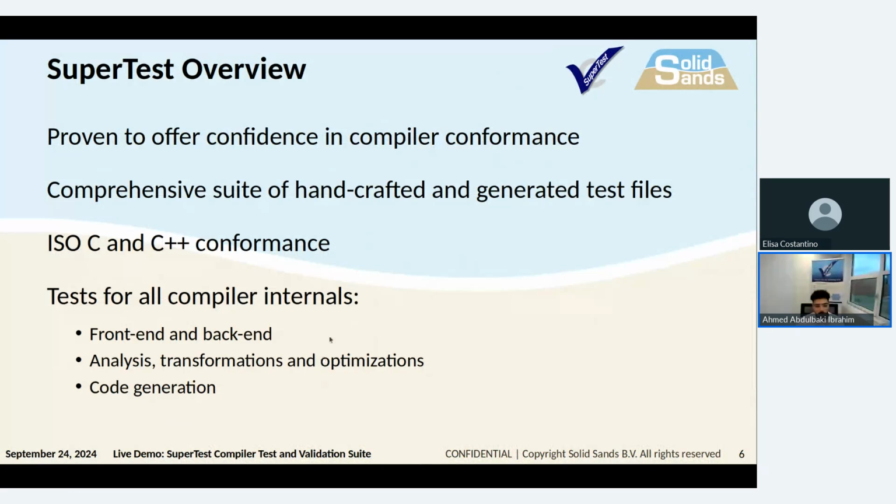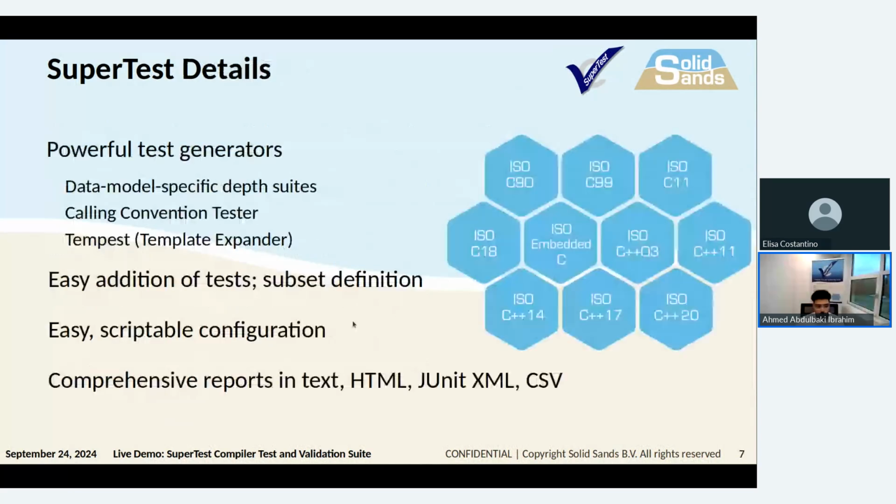So now that we have provided an overview, we can delve into further details, and here are some of them. So SuperTest has tests for all versions of C and C++, ranging from C90 to C18 and from C++03 to C++20. And in addition to the thousands of handwritten tests, there are also multiple test generators.